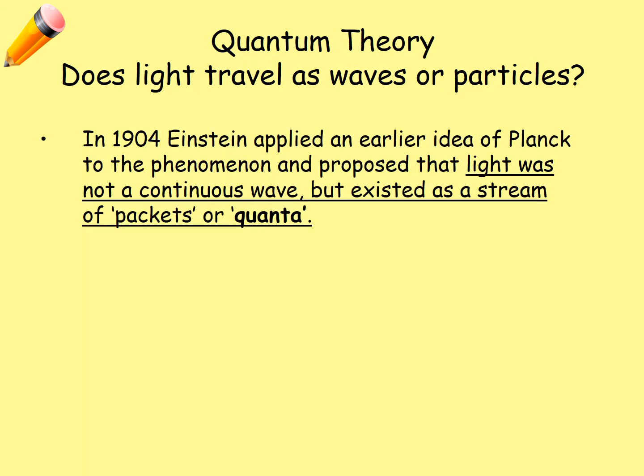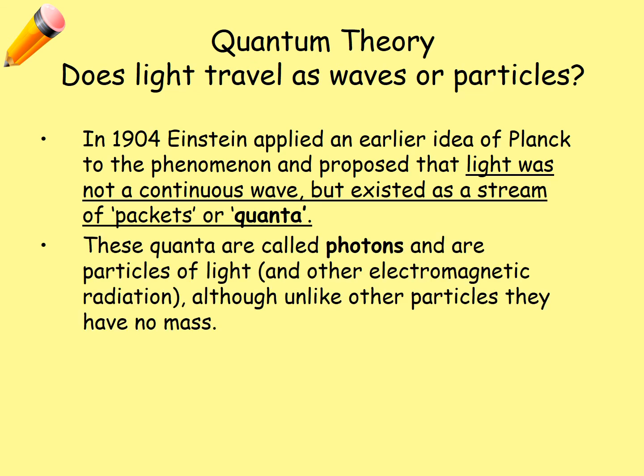In 1904, Einstein applied the earlier idea of Planck to a phenomenon and proposed that light was not a continuous wave but existed as a stream of packets or quanta, and that's where we get quantum theory. Now, these quanta are called photons, so we can consider photons being like particles of light, as well as other parts of the electromagnetic spectrum.